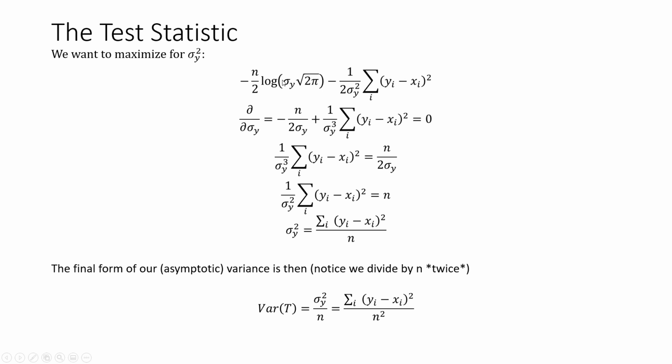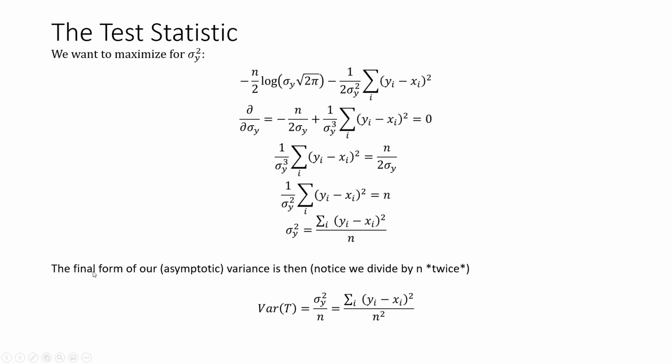But essentially, taking the derivative, we get this reciprocal, and we do a little bit of trivial algebra, a little bit of rearranging, and then we get probably what you would expect, where the variance is estimated by taking the sum of yi minus xi squared over n. And technically this is a biased estimate because maximum likelihood estimation for variance is a bit biased, but in our case it's not really a big deal, to be honest.